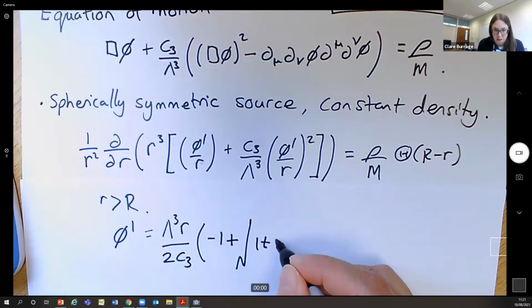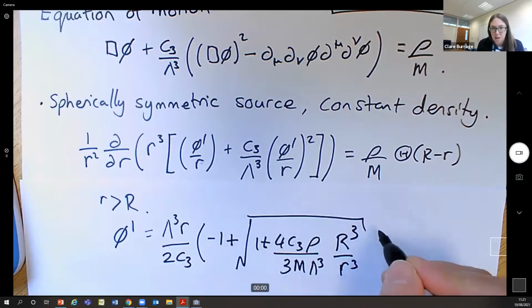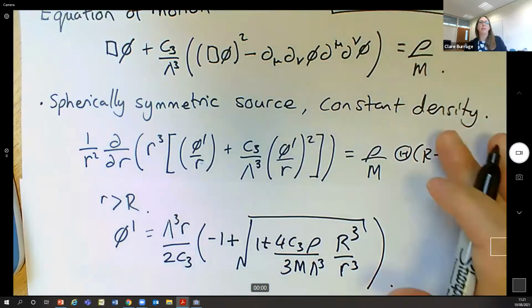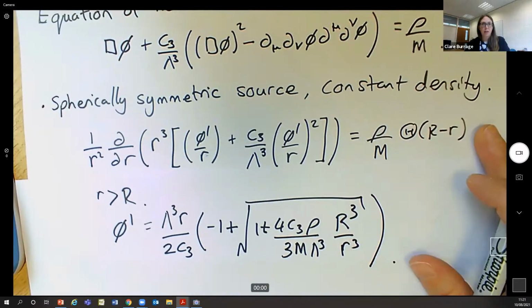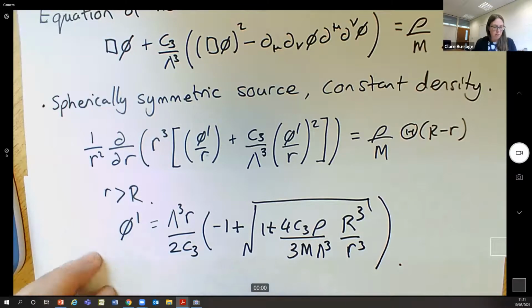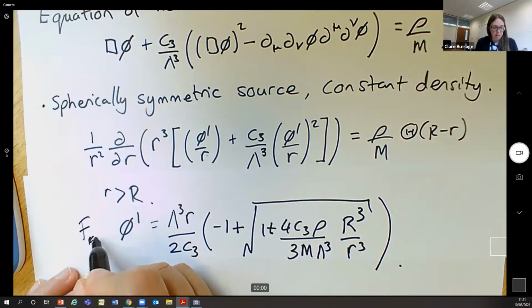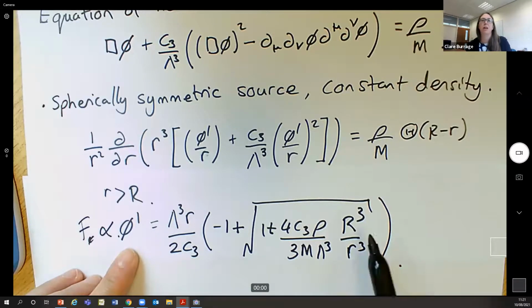We find this, 1 plus... Sorry, I'm just going to write it out, and then we're going to talk about the behavior. Okay, we get this expression. So we know that our scalar mediated force is proportional to phi prime, so this is already an expression for our force.